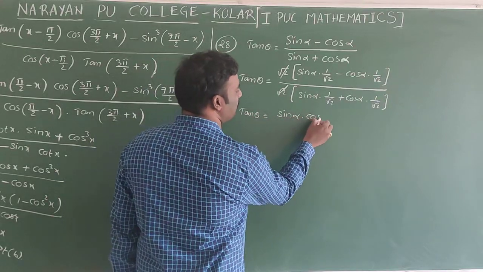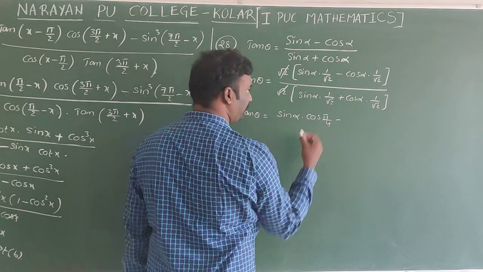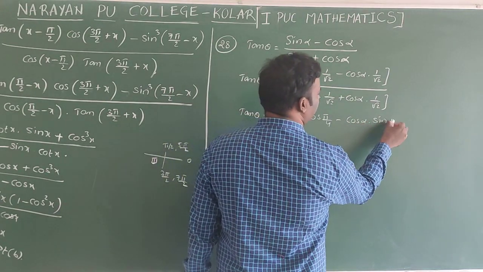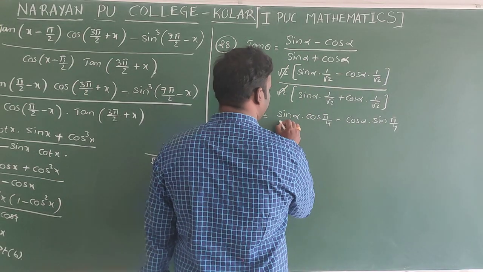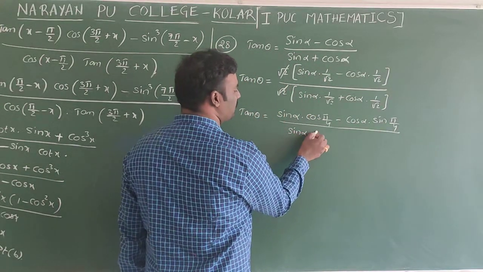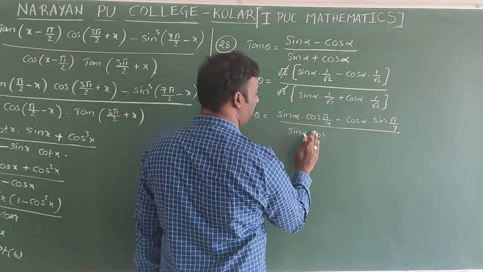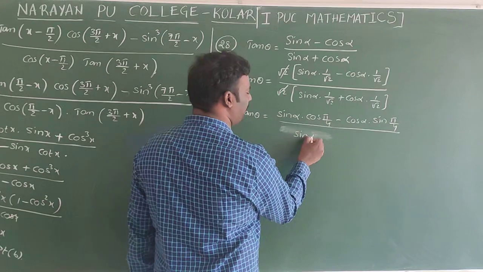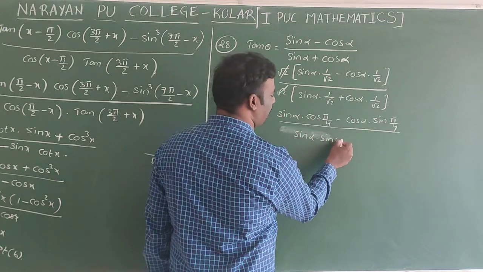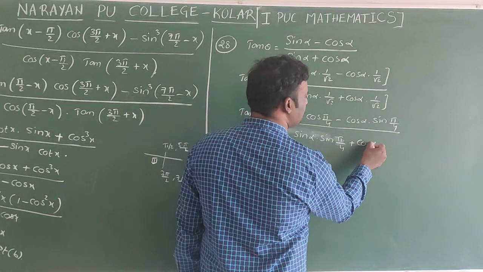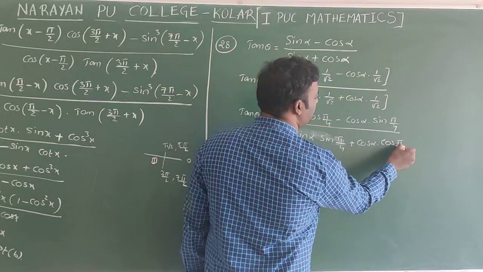Now, tan theta is equal to sin alpha into cos 45 minus cos alpha into sin 45 by sin alpha into sin 45, I can write cos alpha cos 45.